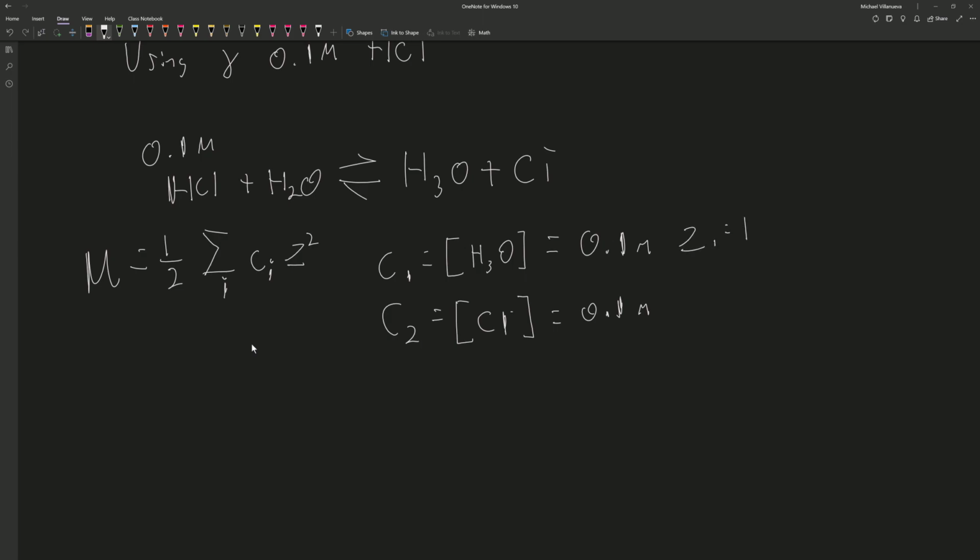Z1 is going to equal +1, and Z2 is going to equal -1.